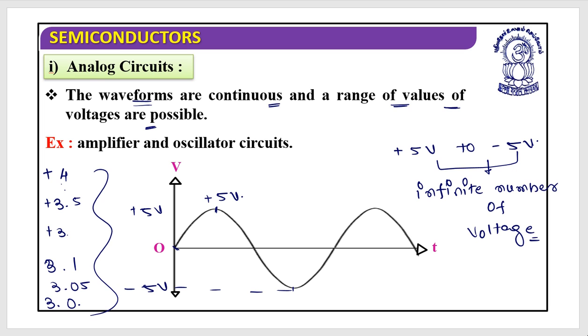So an infinite number of voltages is possible in an analog circuit. There is always an upper range and a lower range, but within that range there are infinite samples available.